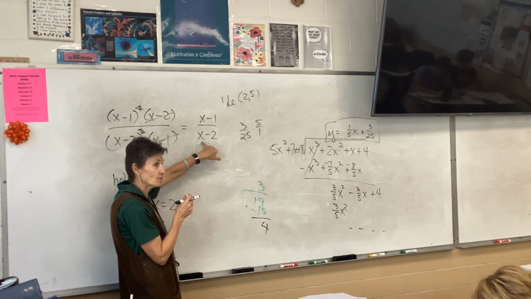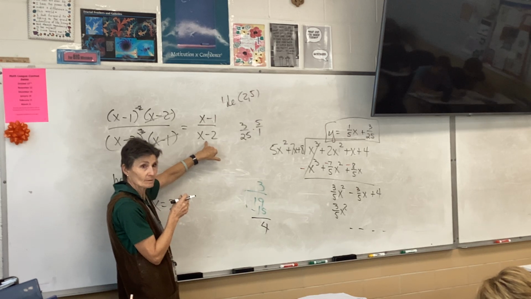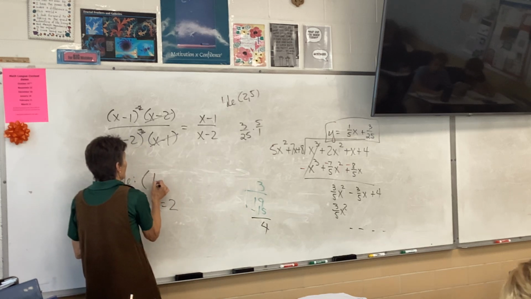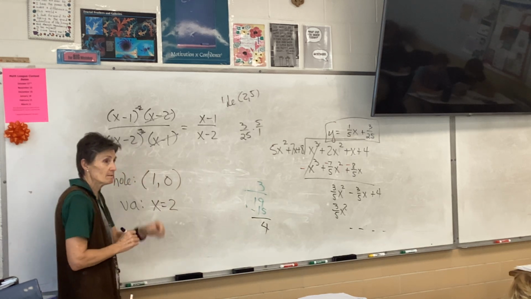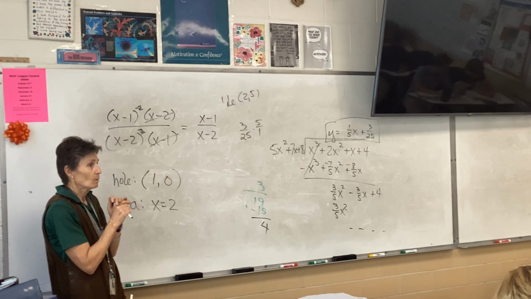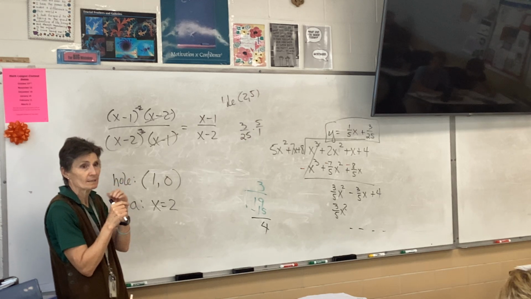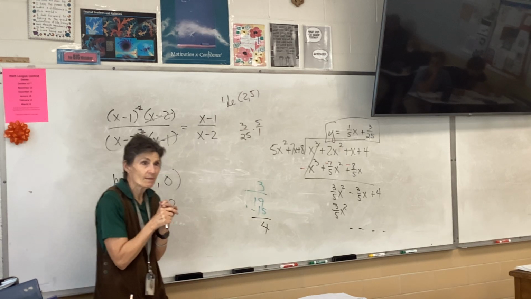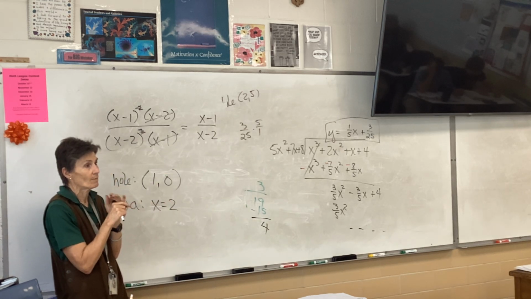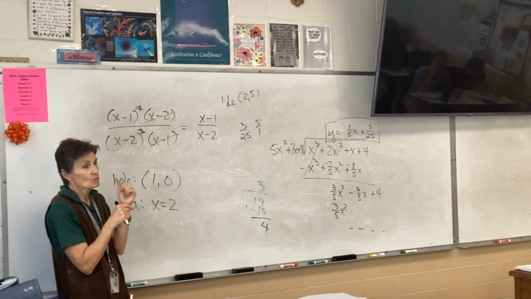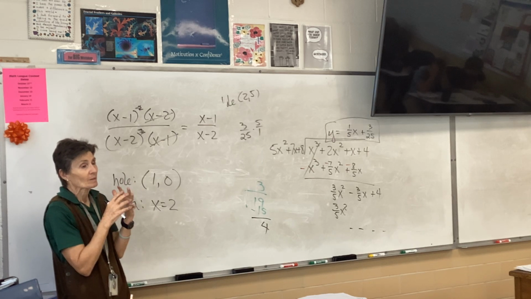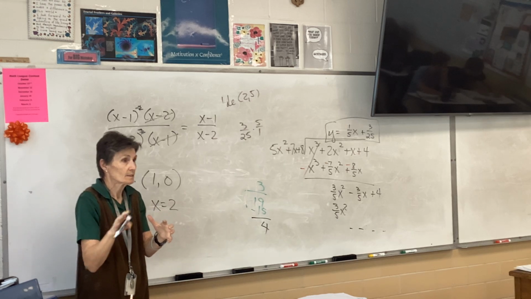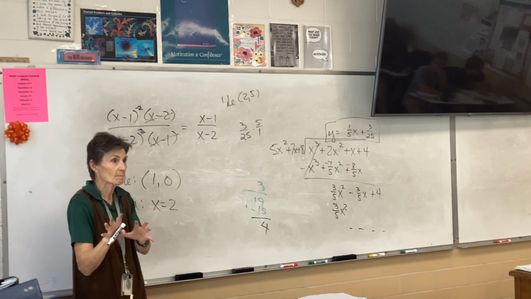If you plug 1 in, do you have a denominator? Yeah. Your numerator happens to be 0, but you can plug it in. When I say can you plug it in, I mean, do you not get 0 on the bottom? That's your issue, getting 0 on the bottom. Okay, so we talked about this the other day. If you have a hole, that means you cancel, because the only way to get a hole is to cancel something out.